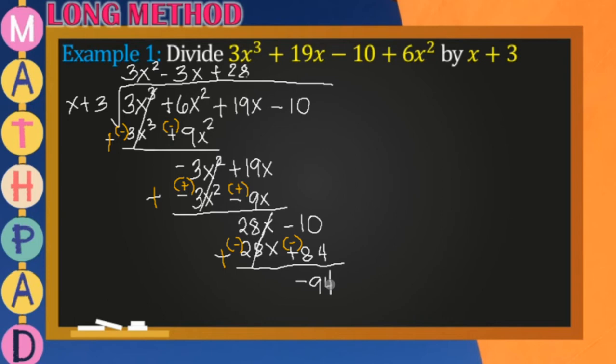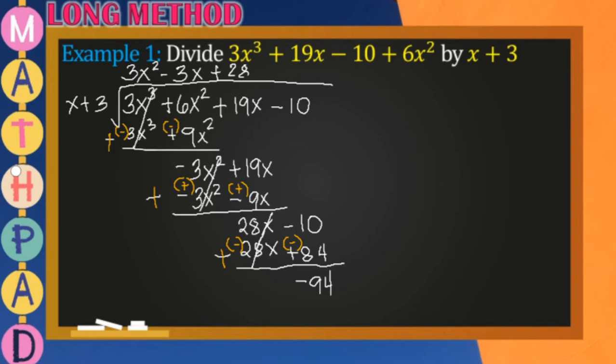Now, the next step is yung pagsulat ng quotient. So, paano natin isusulat yung quotient? You have to follow this format. Okay? Ang una, isulat natin ang ating dividend. So, ang ating dividend is 3x cubed, yung naka-standard form na, plus 6x squared plus 19x minus 10.